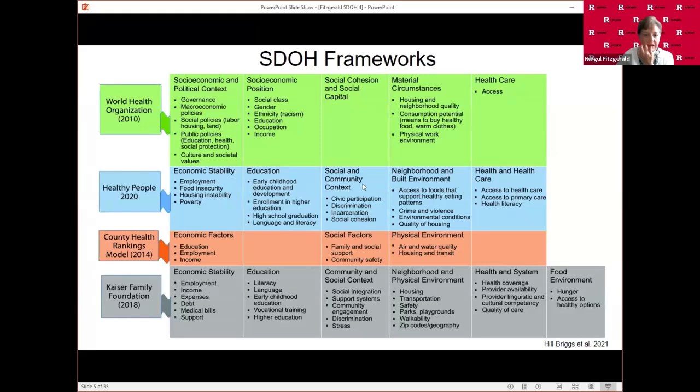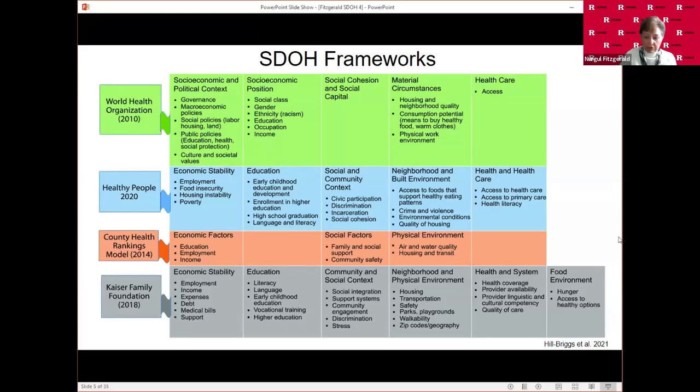Social and community context can include factors such as civic participation, racial discrimination, racism and discrimination, incarceration factors, and social cohesion, social capital, elements like that. In terms of neighborhood and built environment, this domain includes factors such as access and availability of the foods that support healthy eating patterns for people, neighborhood level crime and violence factors, environmental conditions in our environment, including toxic elements in the environment, and quality of housing.